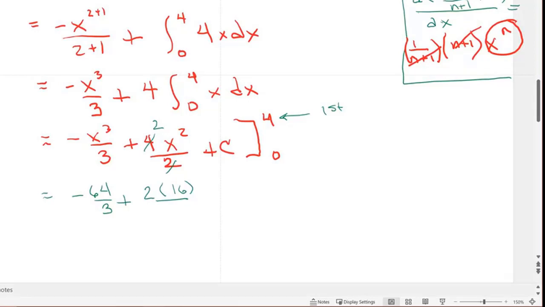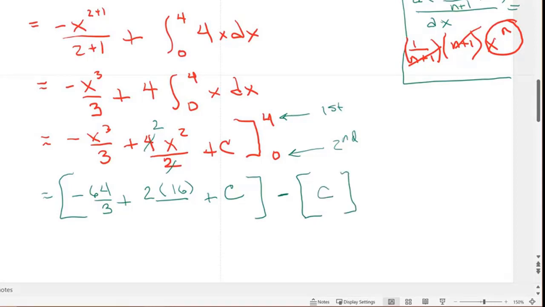Two plus some constant, which we don't know. And then I take this and I subtract, plugging in the second number. Notice if I plug in 0 here, I'm just going to get 0 because x is 0. The second term is going to be 0, and the third term is going to be a constant.